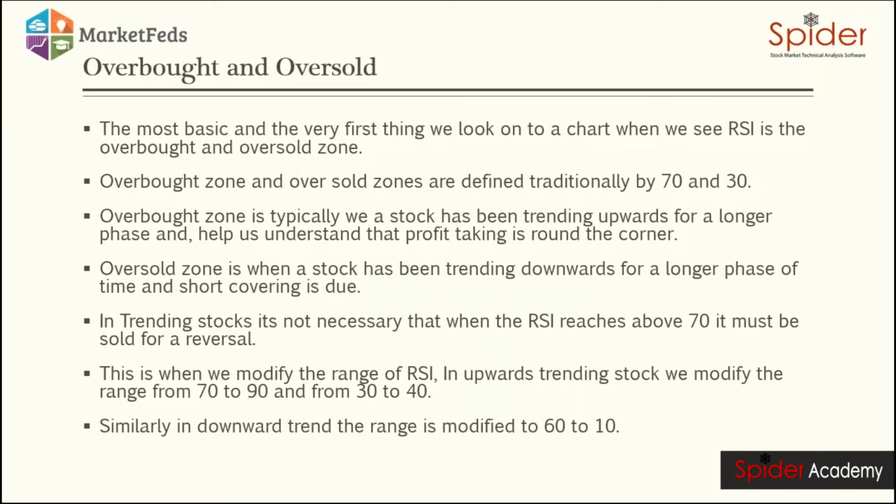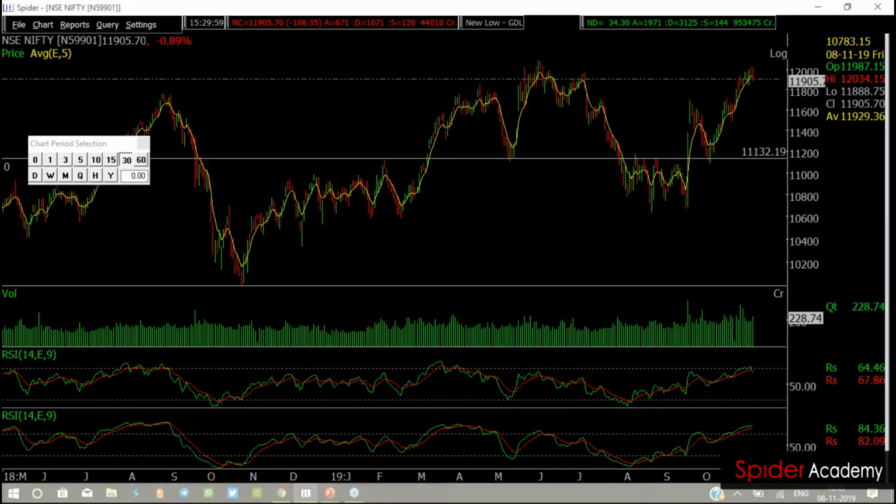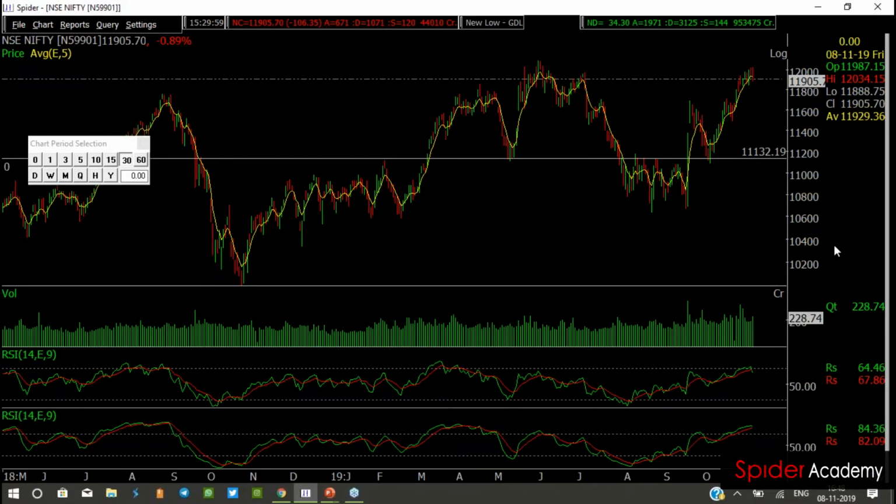Now let us first talk about the overbought and the oversold zone, because as soon as you add RSI into your charts, you see two dotted lines on the top and the bottom, which make you very curious as to what these are. These are the overbought and the oversold zones of your RSI.